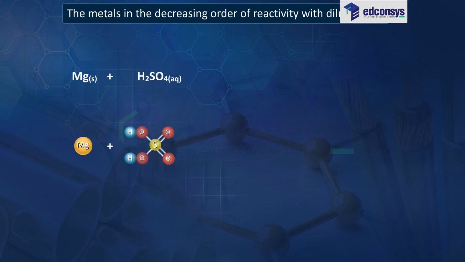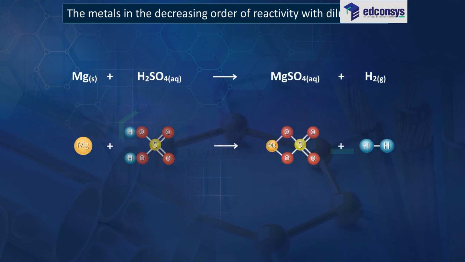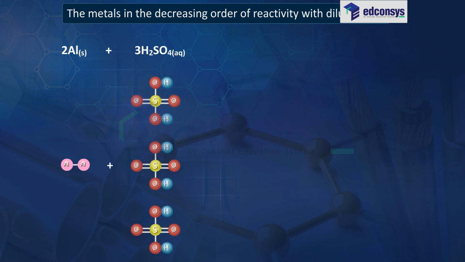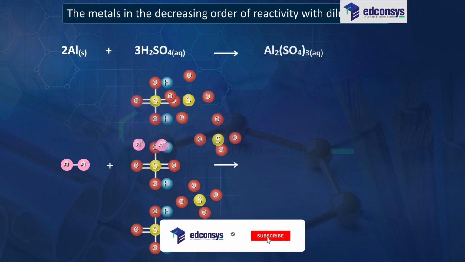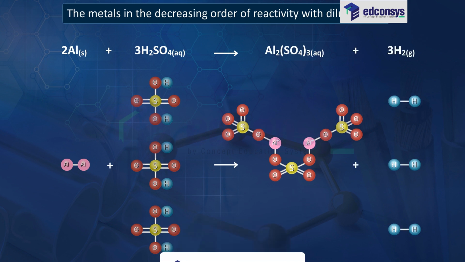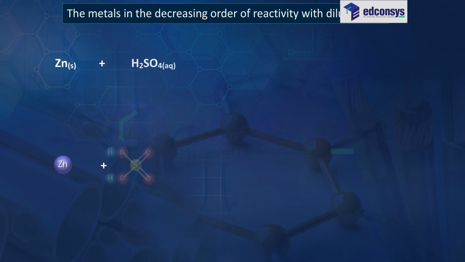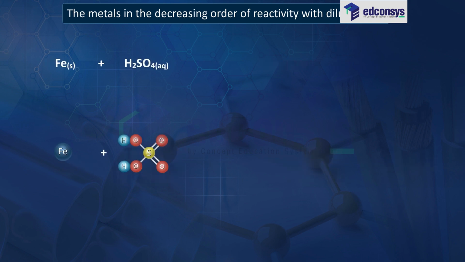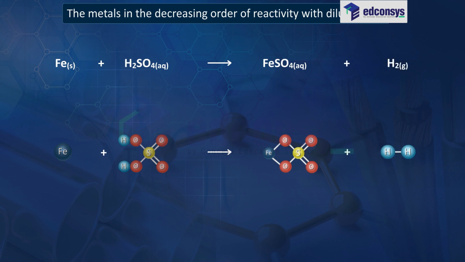Mg + H2SO4 gives MgSO4 + H2. 2Al + 3H2SO4 gives Al2(SO4)3 + 3H2. Zn + H2SO4 gives ZnSO4 + H2. Fe + H2SO4 gives FeSO4 + H2.